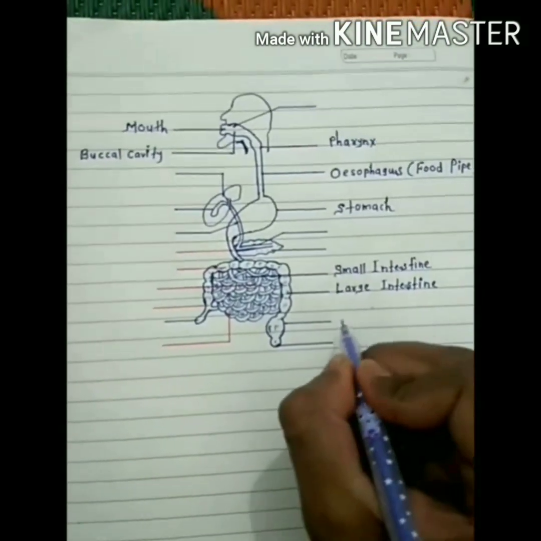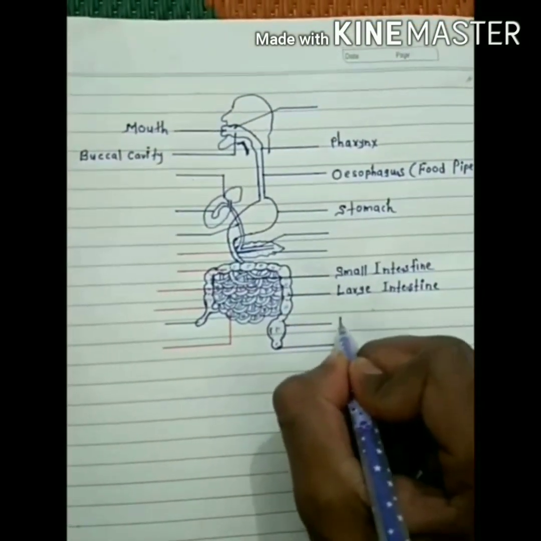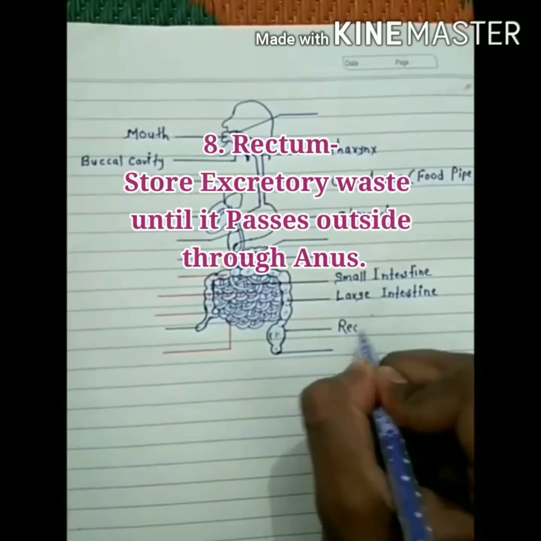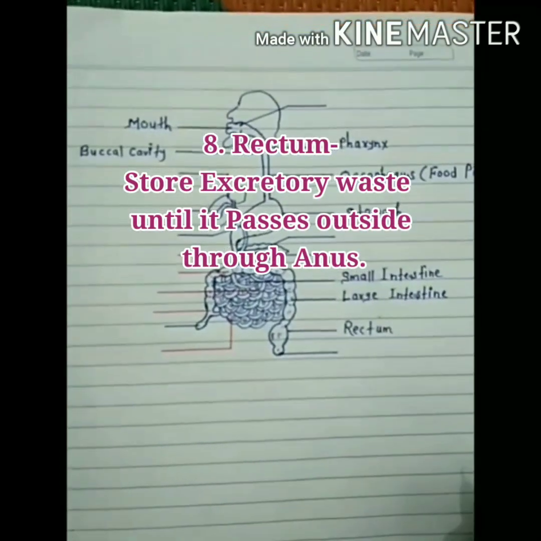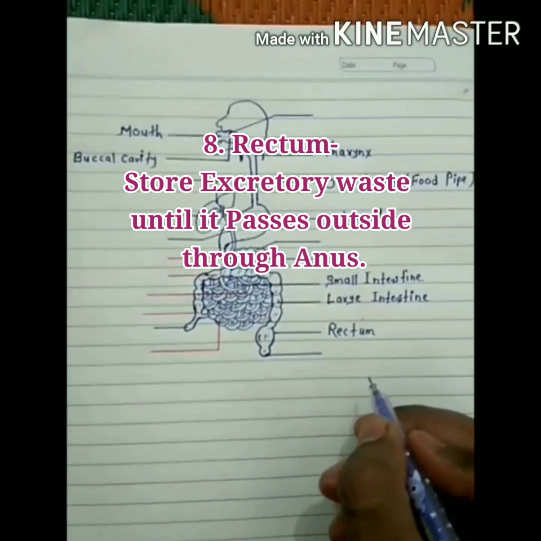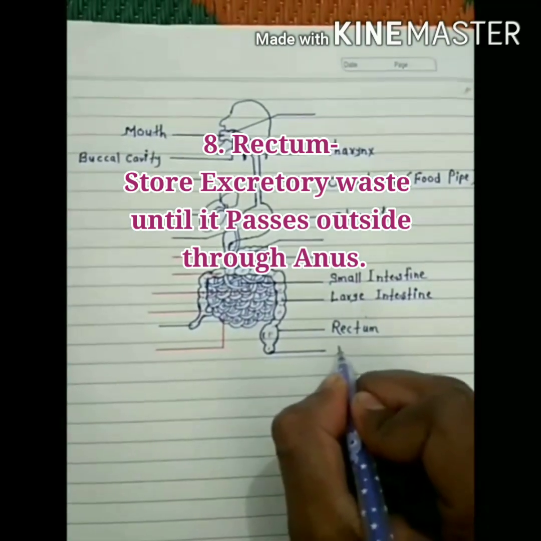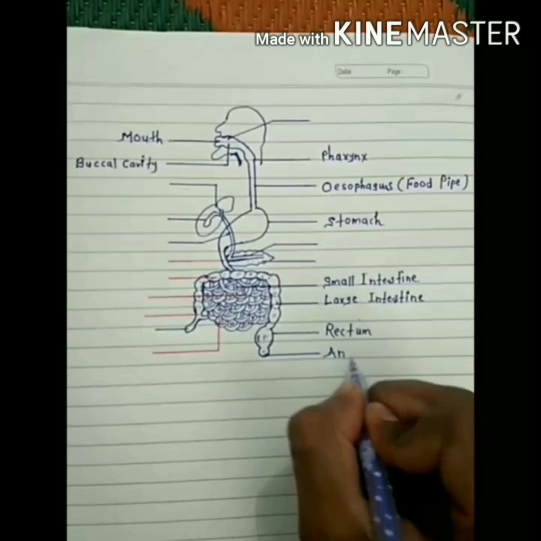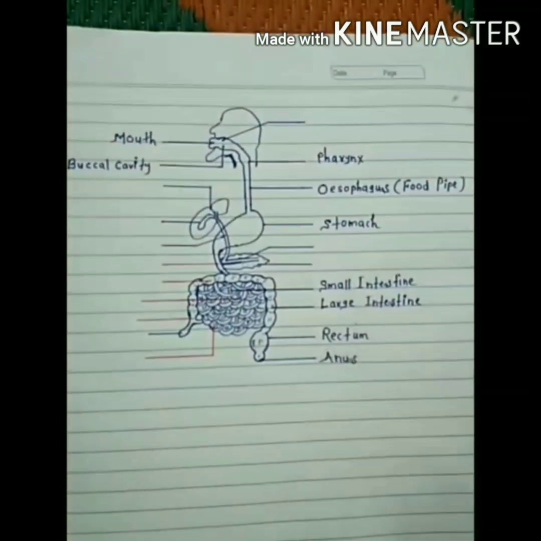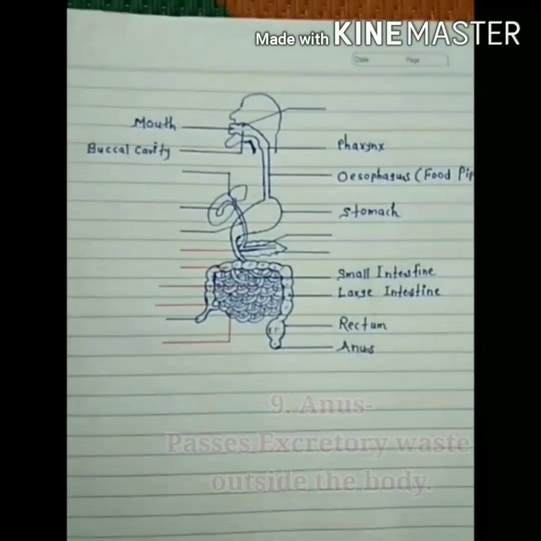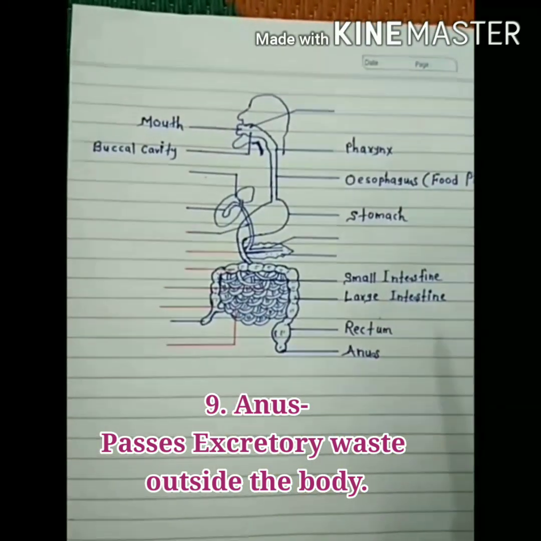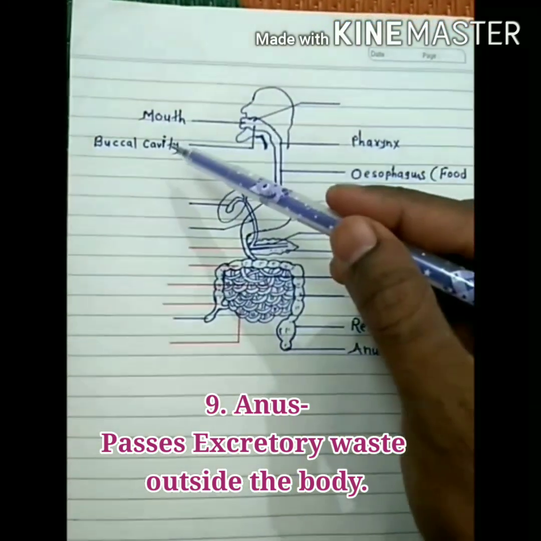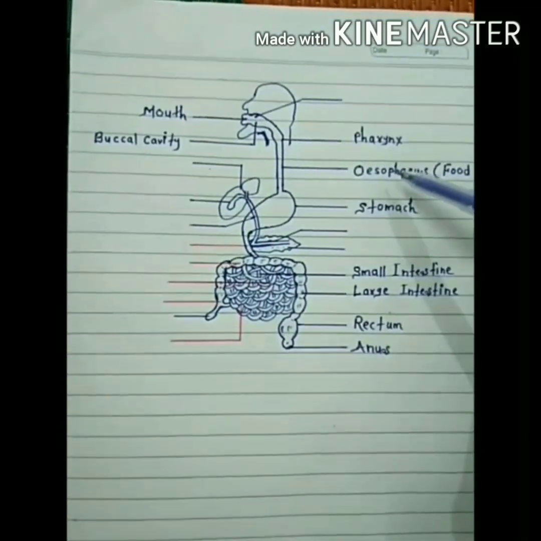From the large intestine, the undigested food, or we may refer to it as excretory waste material, is stored in rectum. Rectum is also a part of human digestive system, and thereafter from anus this excretory waste material passes outside from the body.